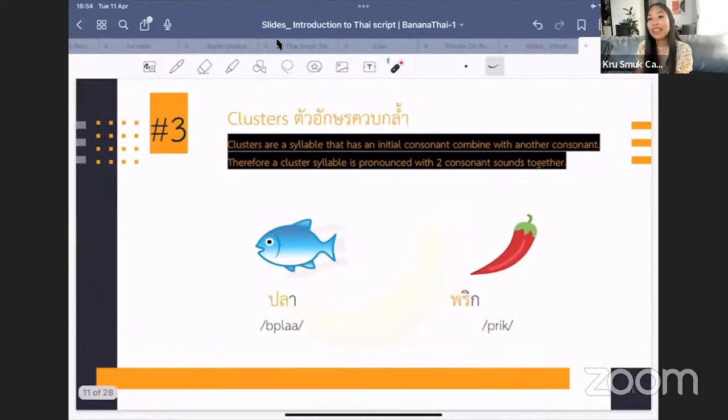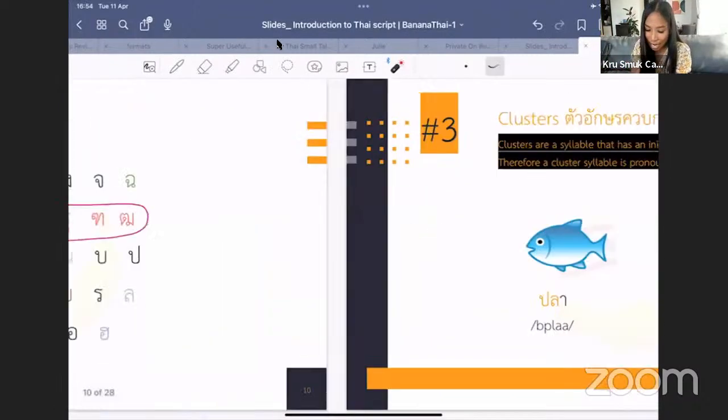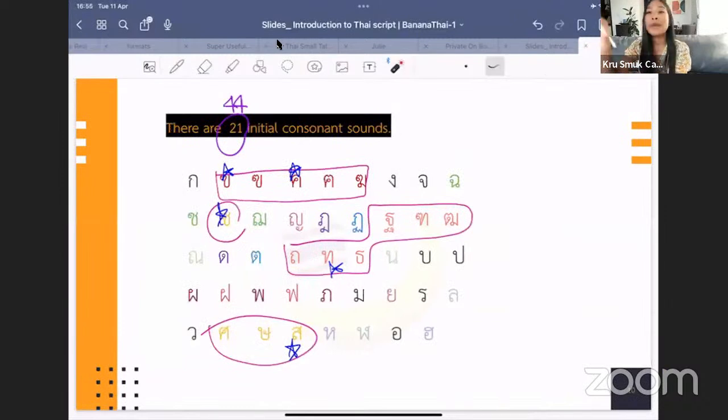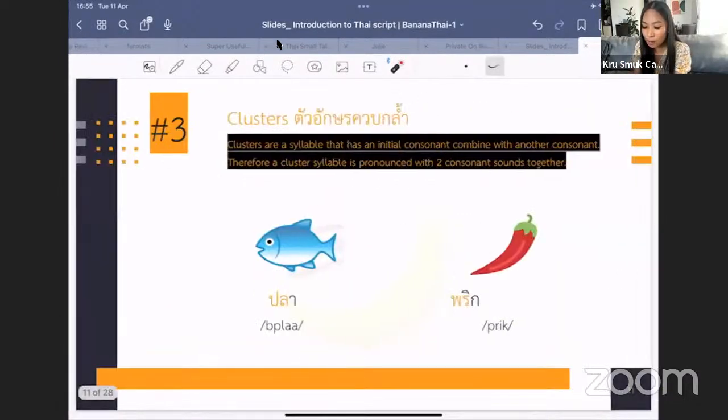Okay, so that was the brief information about consonants. Many consonants, 44 consonants, but there are only 21 initial consonant sounds. Many of them share the same initial consonant sound, and you already know why we call it gõ gai and saw สือ. Now let's move on a bit to the cluster. Clusters are consonants that cluster together, and we pronounce the two consonant sounds together as an initial consonant sound. So the initial consonant sound can be more than one if it's a cluster.